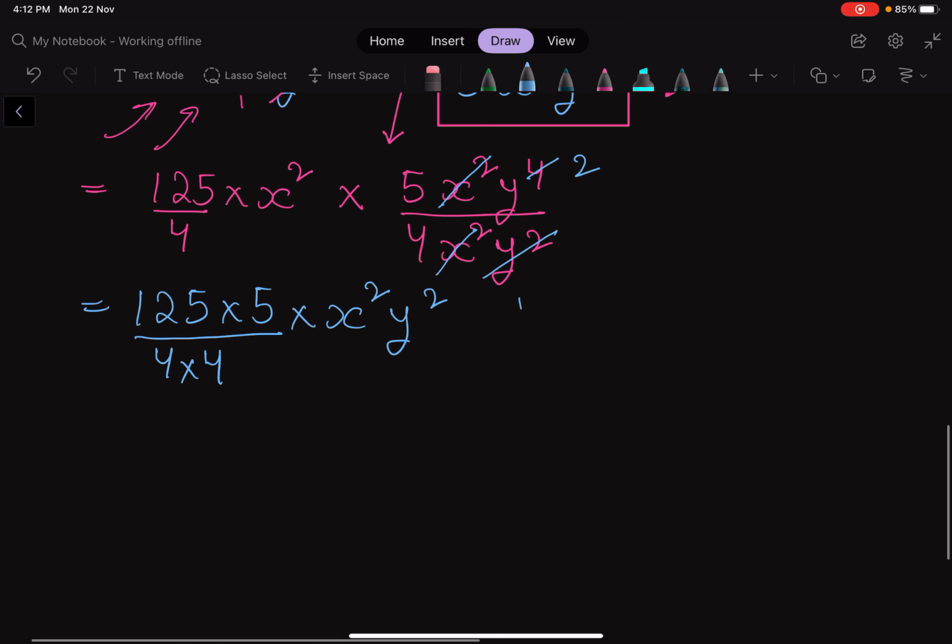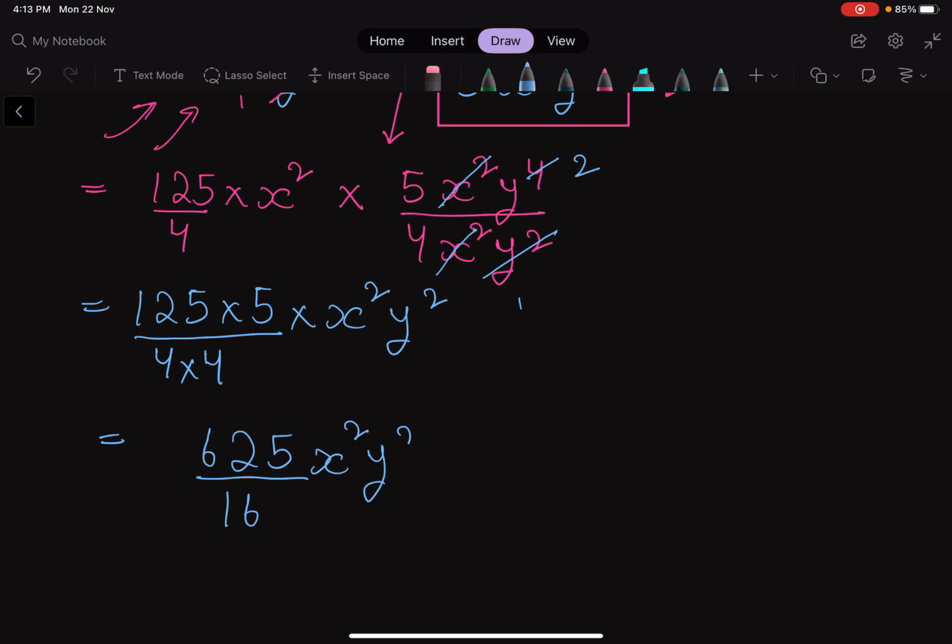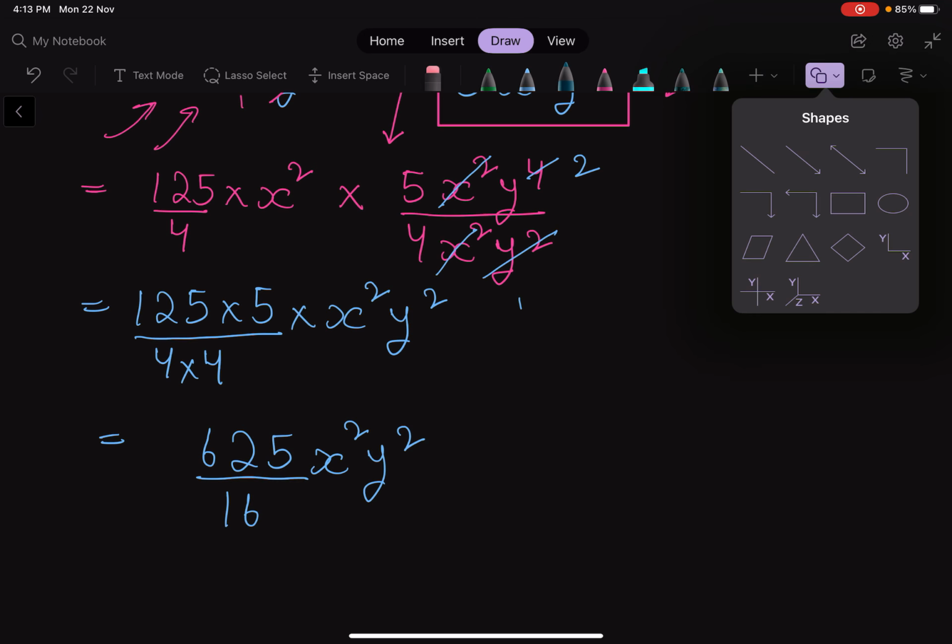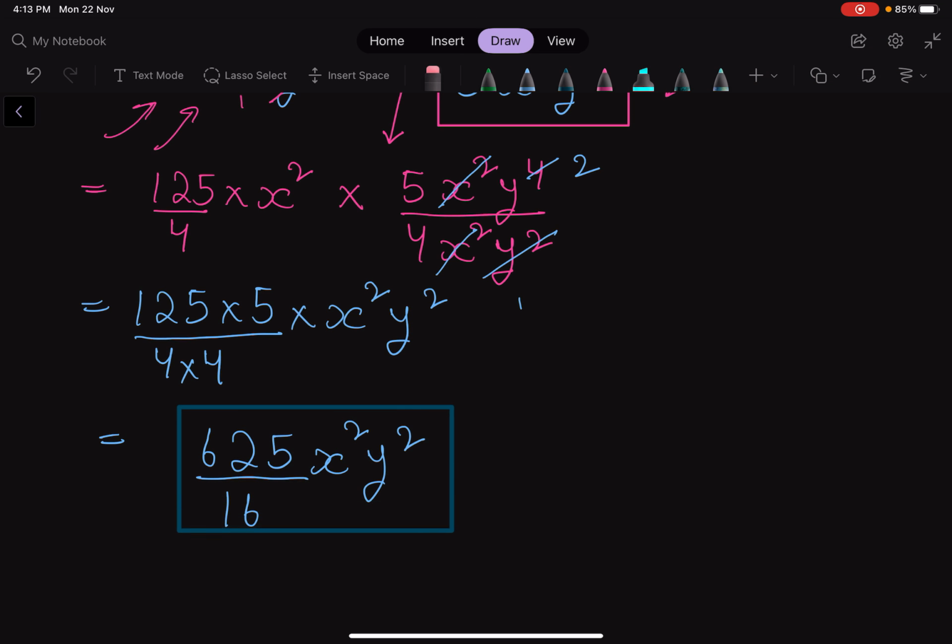So solving it, 5 5s are 25, 5 2s are 10, 12. So it's 625 upon 16 x square y square. And yes, this here is our final answer.